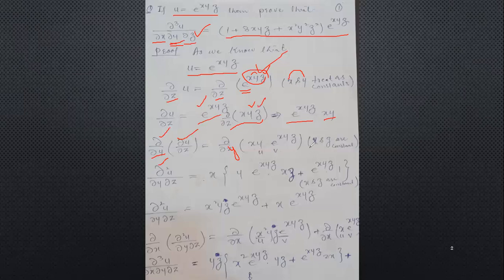In the right side, we have two terms of y. The first term contains y, and the second term contains e power x into y into z. Means in this term y we have, and both are in multiplication. So when we find its derivative, then we use the u into v formula.